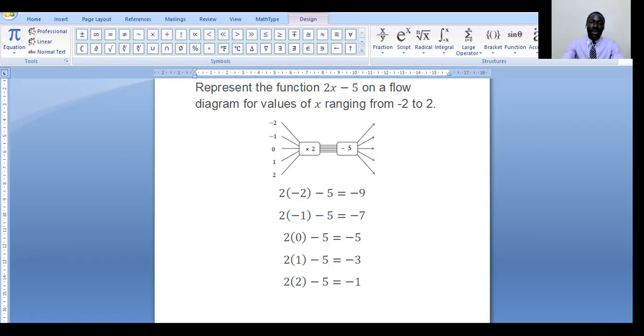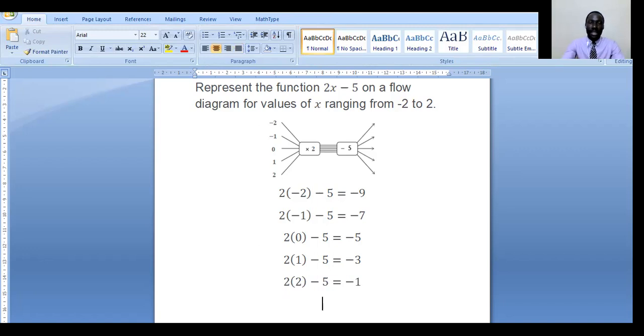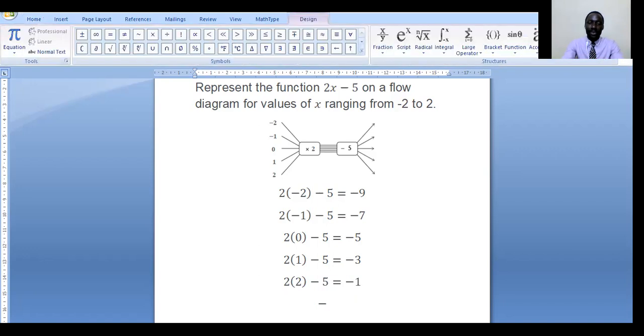So you notice that each value of x, or each value of the input set of the first set, has given us very specific values of the output. These values that we have so far got, which start from -9 to -7, then -5, then -3, then -1, this set of values are called outputs.